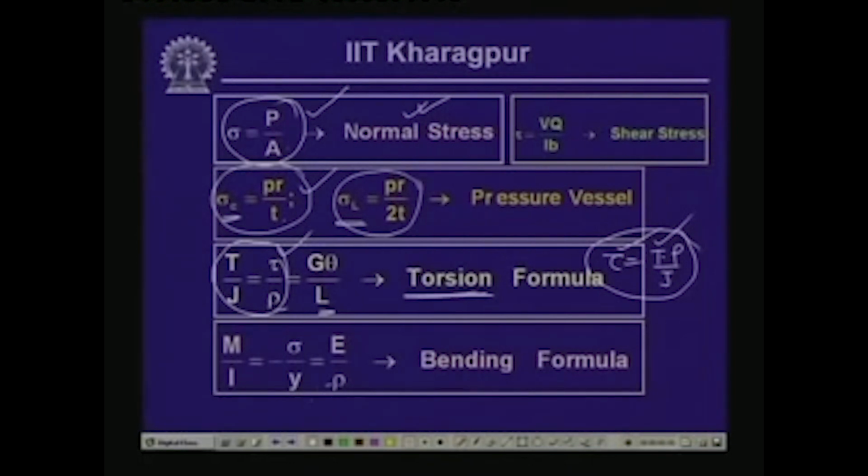And subsequently we looked into the bending formula where the moment is related to the bending stress sigma, and we know that sigma equals minus My by I. So, the bending stress sigma is related to the bending moment M, and also we looked into the fact that if you have shear force V, then the shearing stress tau equals VQ by IB.